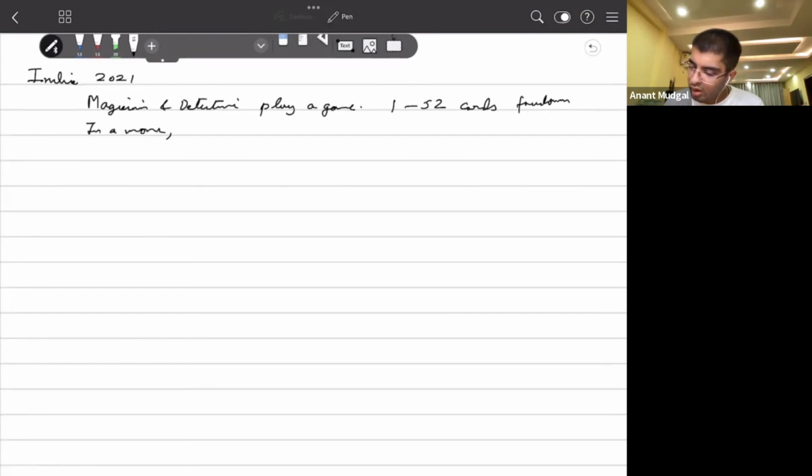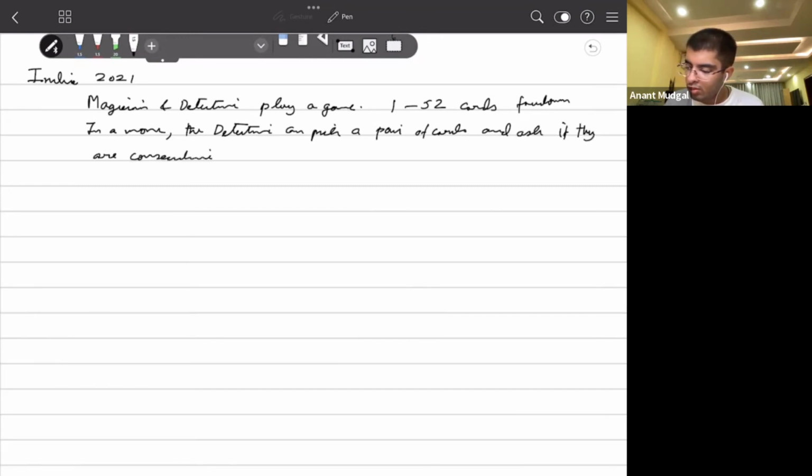In a move, the detective can pick a pair and ask if they're consecutive. So you can pick a pair of cards and ask if they're consecutive.